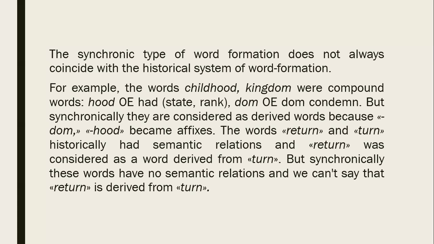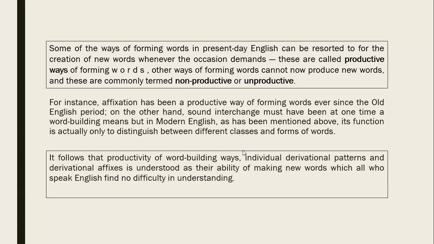The words return and turn historically had semantic relations, and return was considered a word derived from turn. But synchronically, these words have no semantic relations, and we cannot say that return is derived from turn.